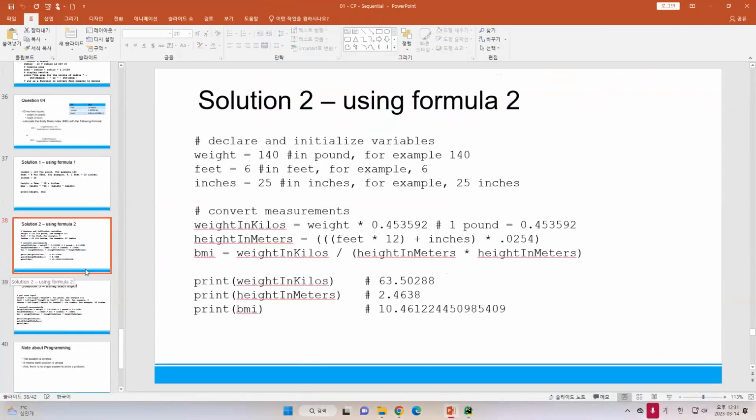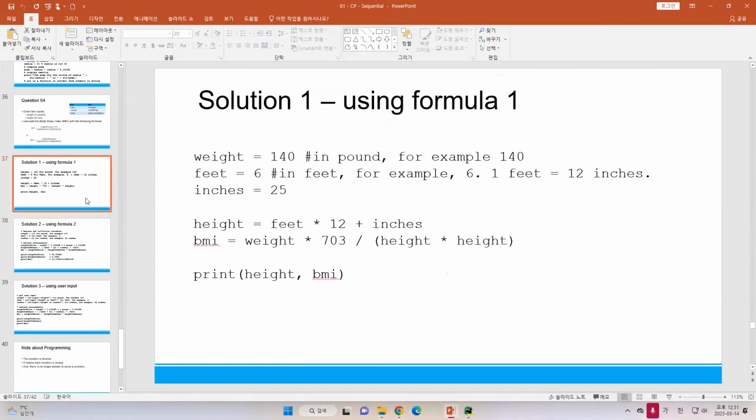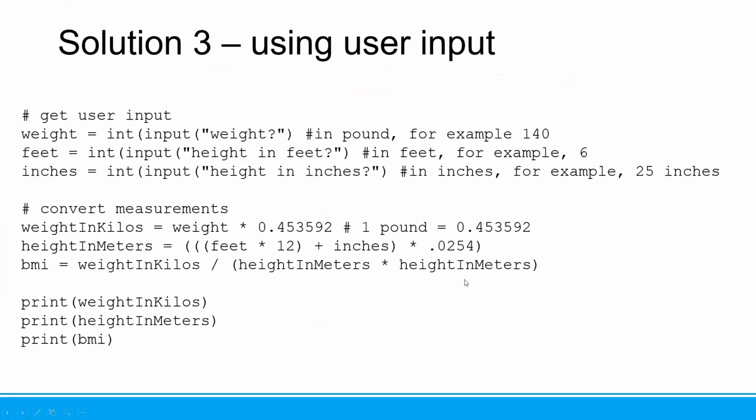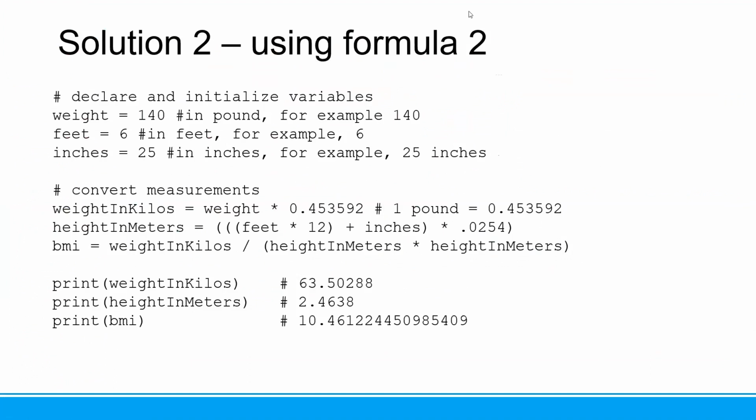Next, I have the formula 1 and I have the formula 2. Now, I want to get the input from user. So I do not want to fix the value. In this case, the value is 140, 635.